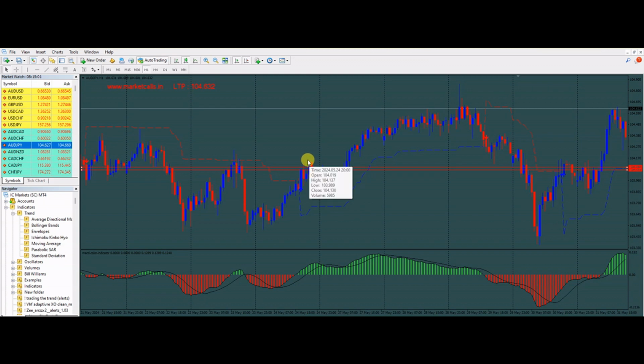And if you see, this was where the price broke above the horizontal line, and down here we have the MACD telling us that the market is going up. So here the MACD is giving us the directional bias that the market is going up, and here price has broken above our horizontal line.